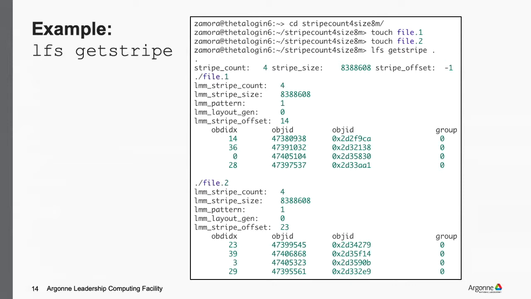But let's say you're just using POSIX, the simplest thing, you can just set this directory to the settings you want. Files will inherit those settings. So here's just an example. I'll create 2 empty files. You can check their stripe settings. You'll see they have a stripe count of 4, and they're 8 megabytes in size.